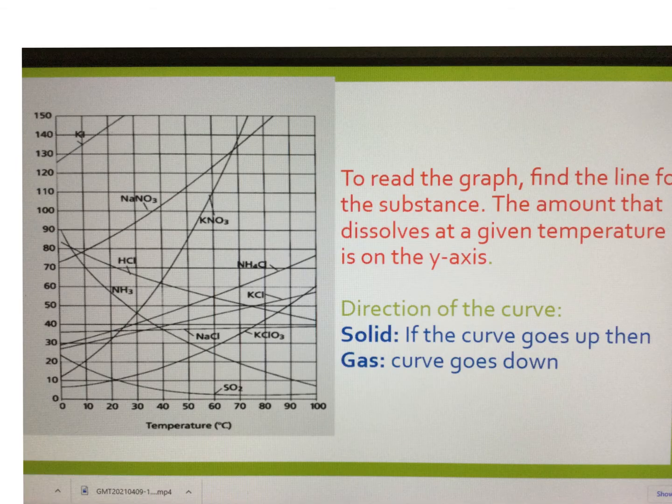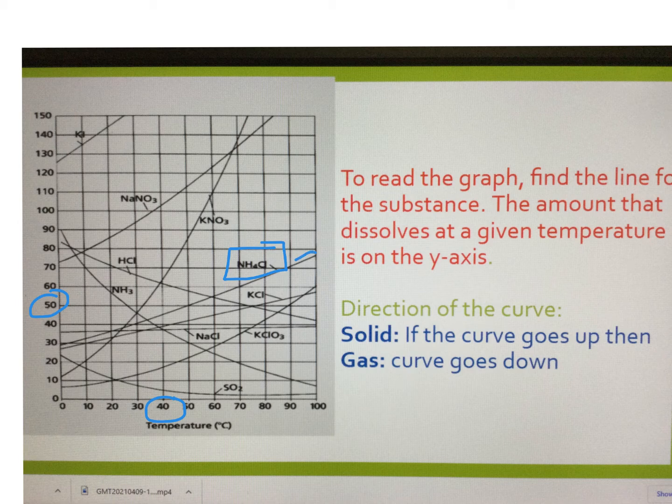Okay, let's go ahead and do another example. If I give you a problem where I ask for 40 degrees Celsius and let's say 50 grams of your solute, and let's pick something like ammonium chloride, NH4Cl. So now you see all of these lines, they're different chemicals.